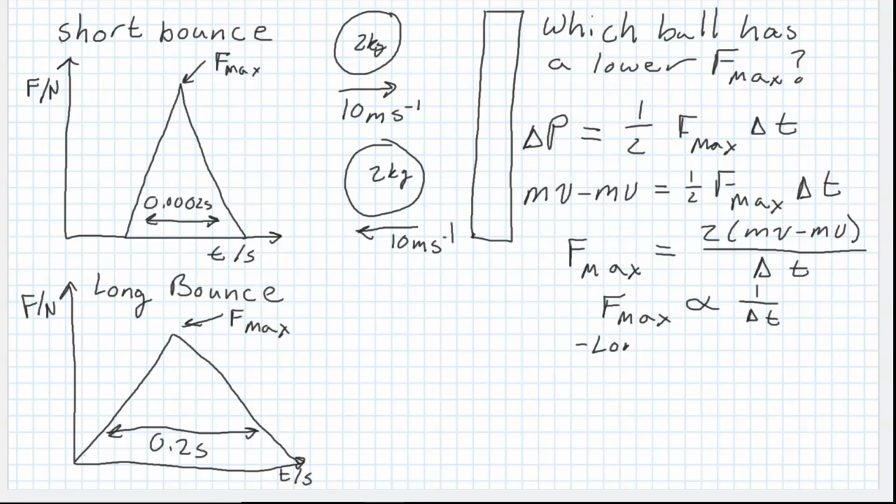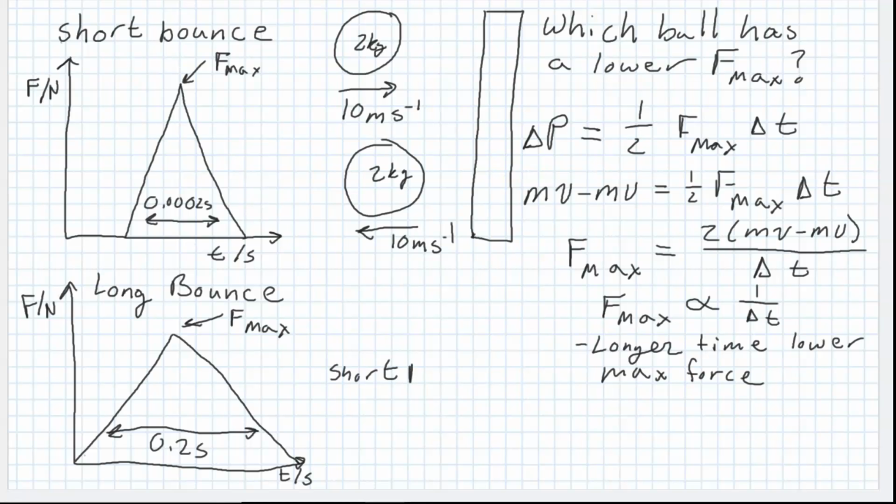And this makes a lot of sense because if you look at the collision with a stuntman jumping off a building into a big pillow, that's a long collision, and the reason he survives is because he experiences lower max force, because we make the collision longer.